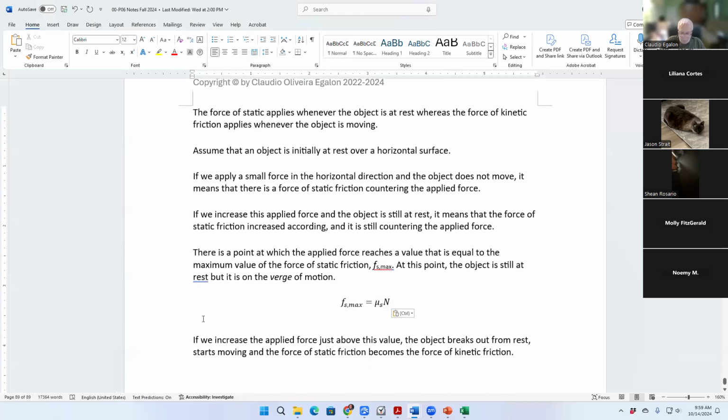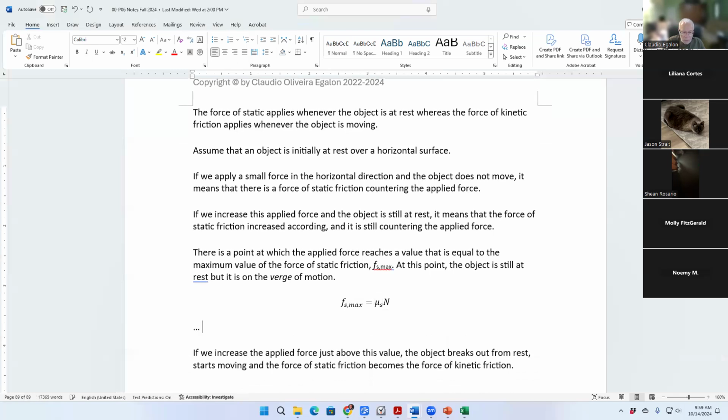Where mu sub s is called the coefficient of static friction, which is documented in many tables.